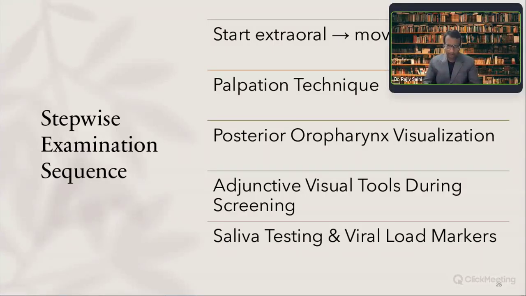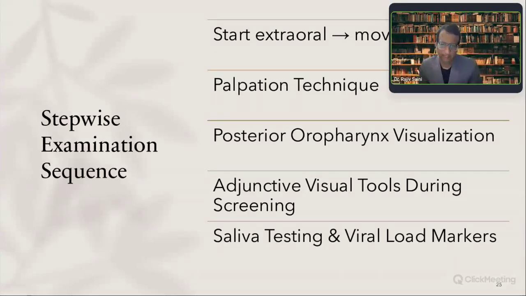Now, definitely tongue depressors and mouth mirrors can be used during screening, but there are other visual screening aids as well. For example, there are tissue fluorescence devices like Velscope that highlight the changes in tissue metabolism and vascularity that may not be obvious under white light.